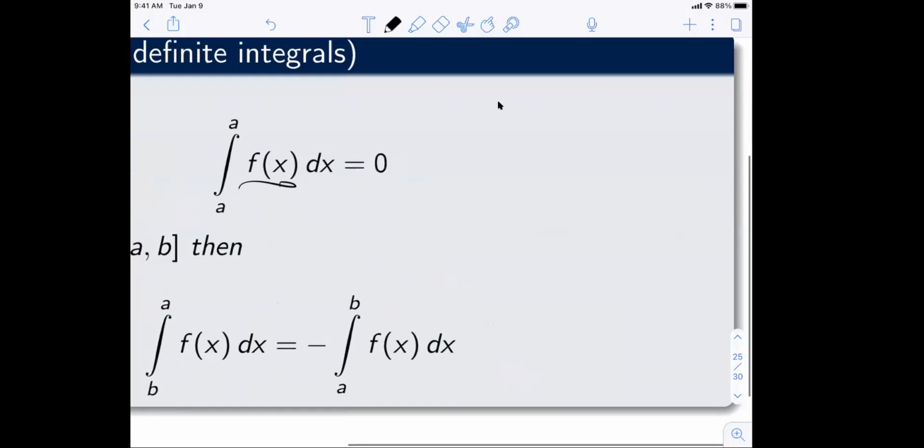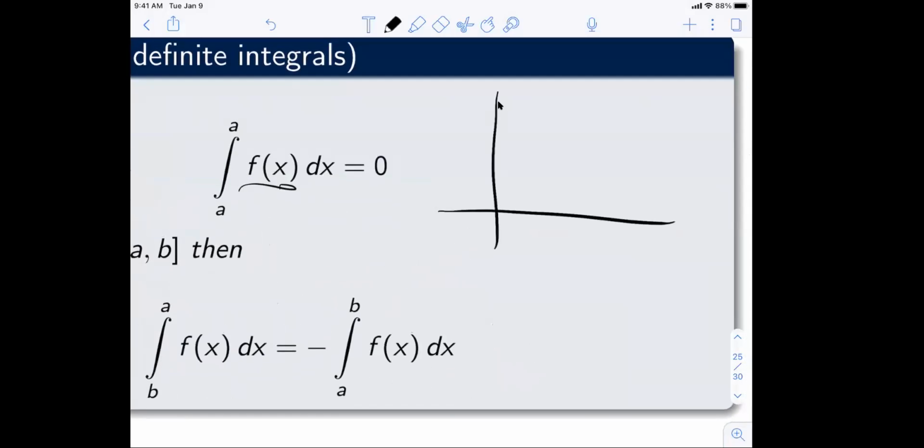That one's pretty easy to see if you just draw. Here's a. I mean, here's f of a. What is the area underneath? What's the area of just a line? It's 0, right? That's the proof of that one.